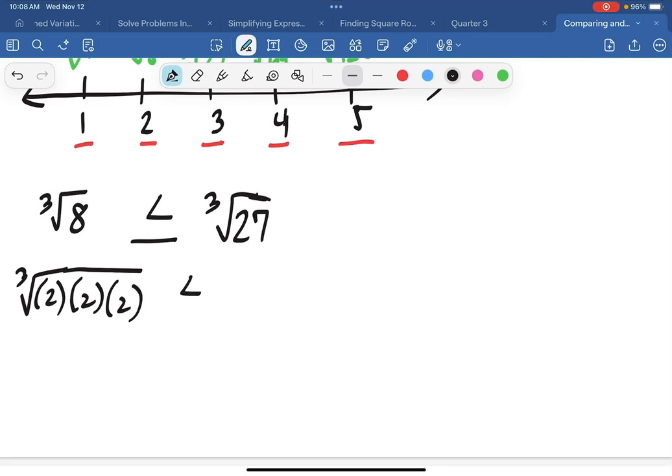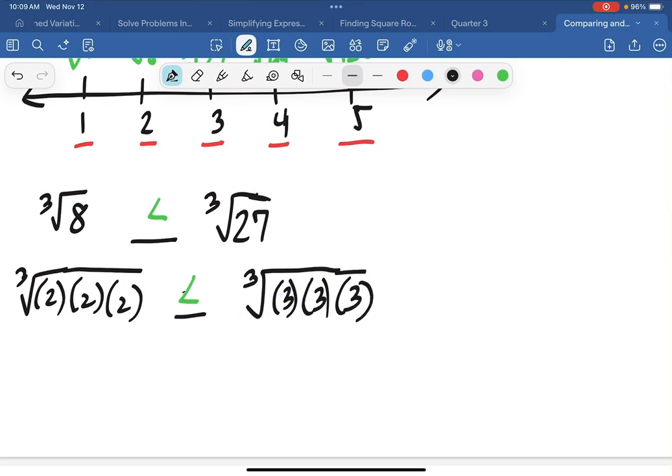Let's change the color for this. And that's it. 2 is less than 3.